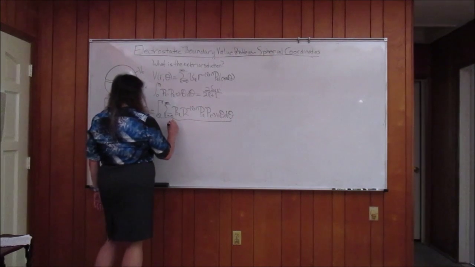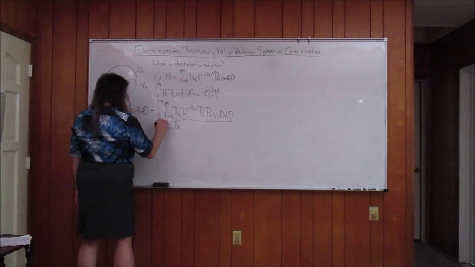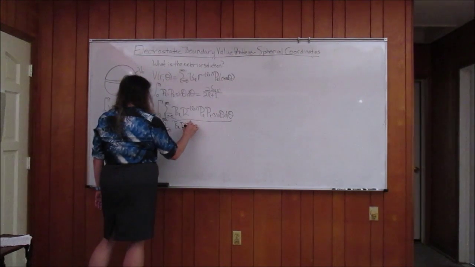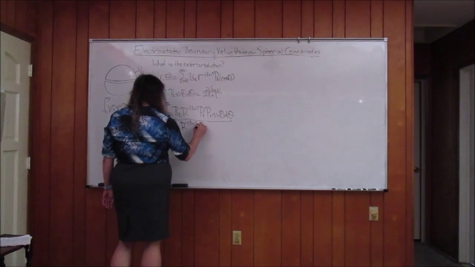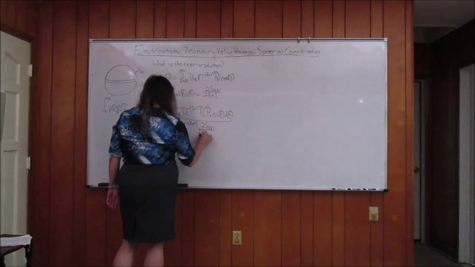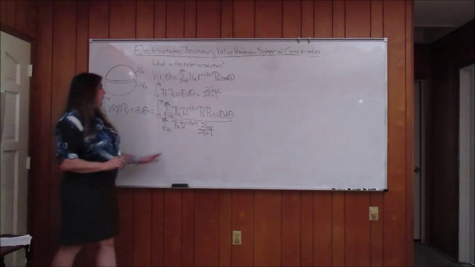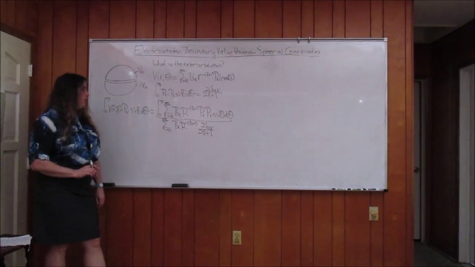So that is going to be B sub L R to the minus (L plus 1) times 2 times the Kronecker delta L L prime over 2L plus 1.